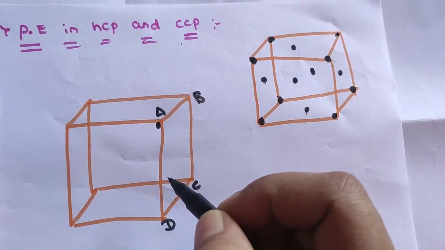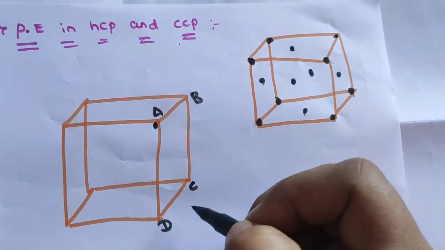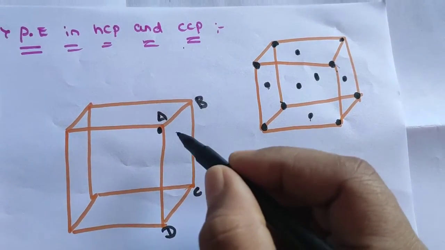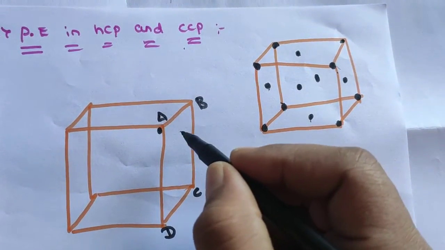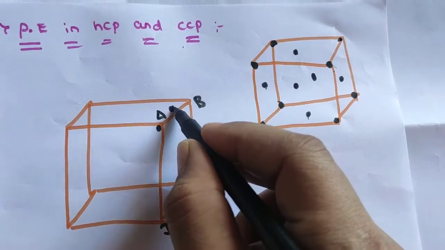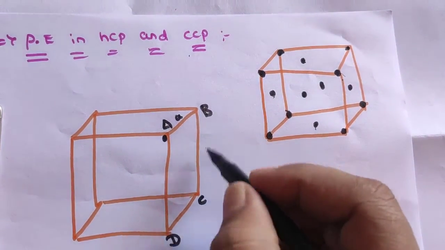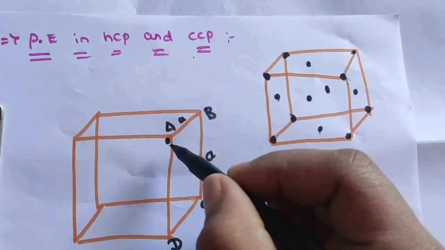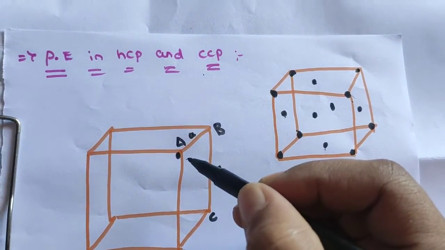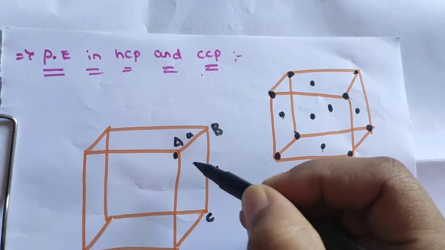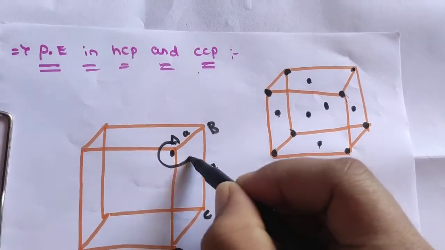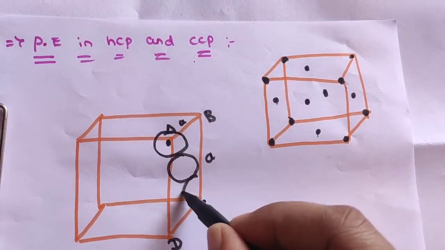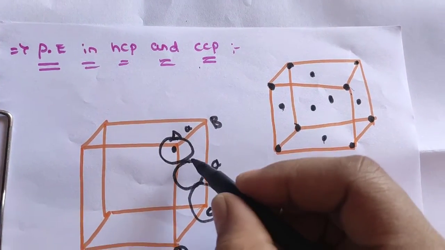If we consider the edge length of the face ABCD, you can see the edge length is A between A and B, and between B and C is also A, and here the constituent particles touch along the face diagonal. Here you can see one constituent particle, another constituent particle, and another.